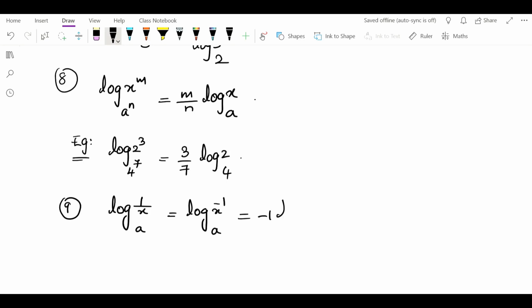That is minus 1 into log x base a, that means minus log x base a. So these are the properties of logarithms.